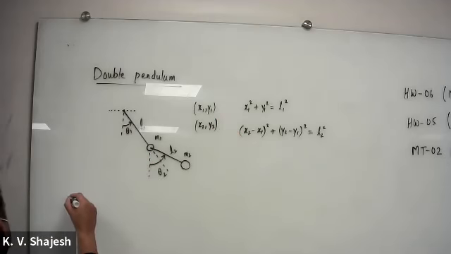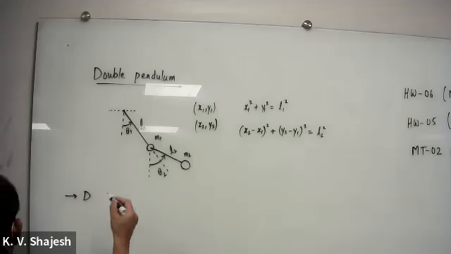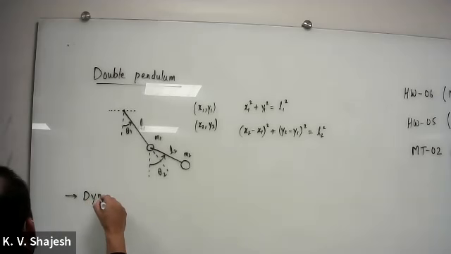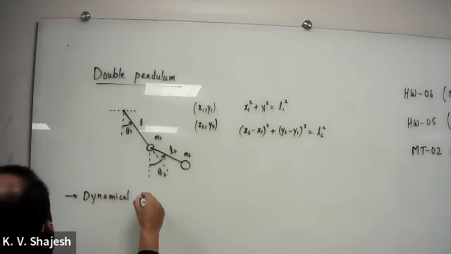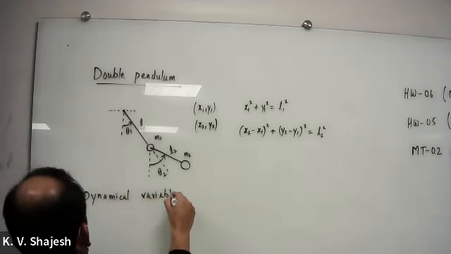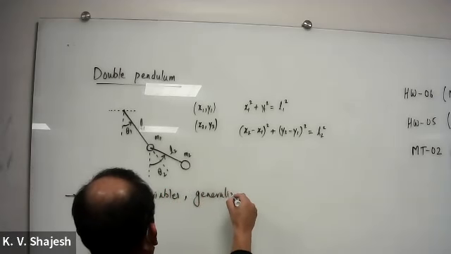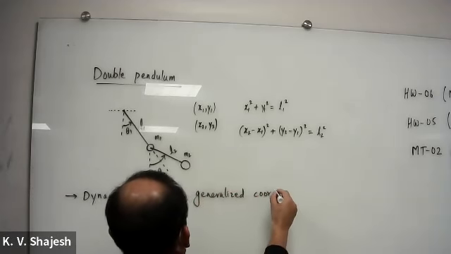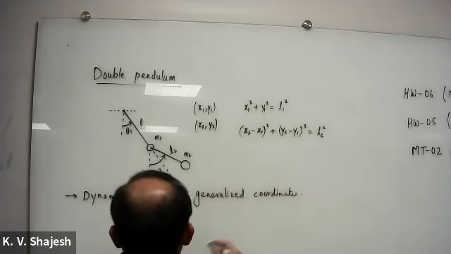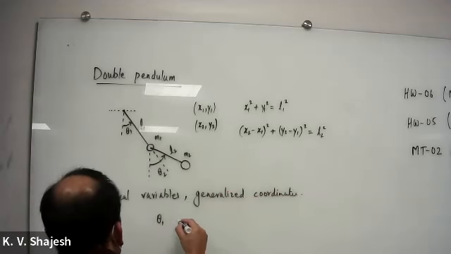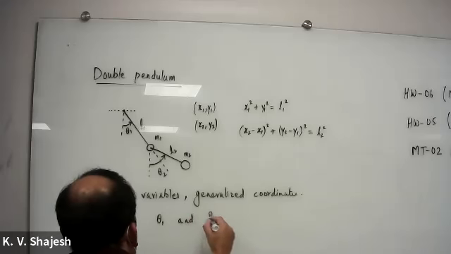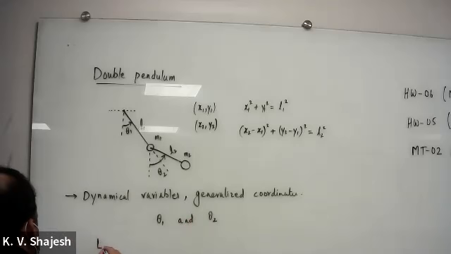So the first point is that dynamical variables are generalized coordinates. Let me say generalized coordinates, or dynamical variables, or you mean generalized coordinates, is θ1 and θ2, which means that you're looking for a Lagrangian which depends on θ1, θ2.